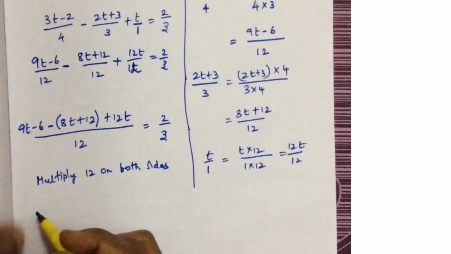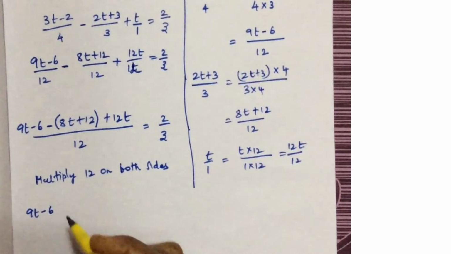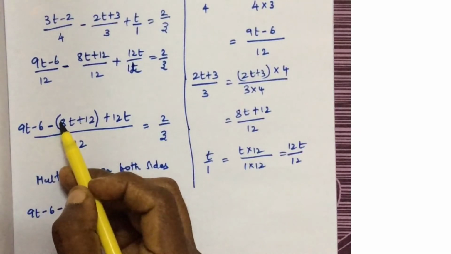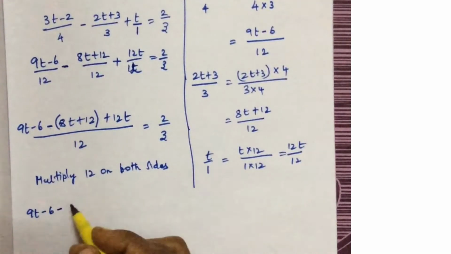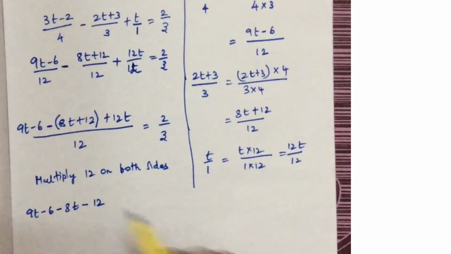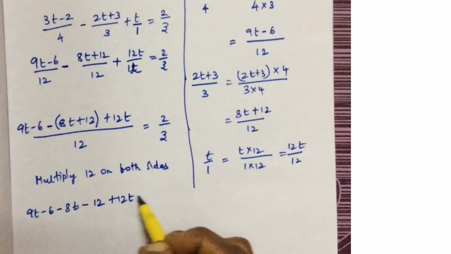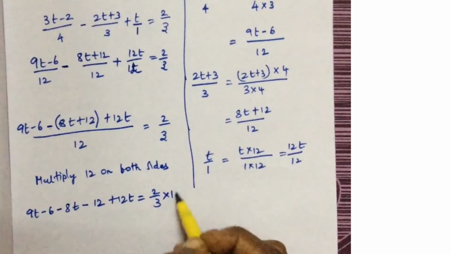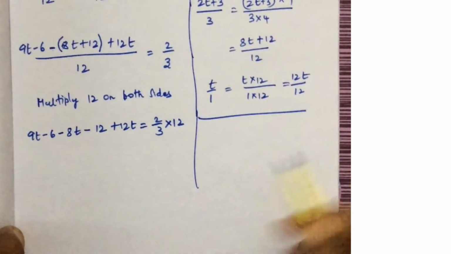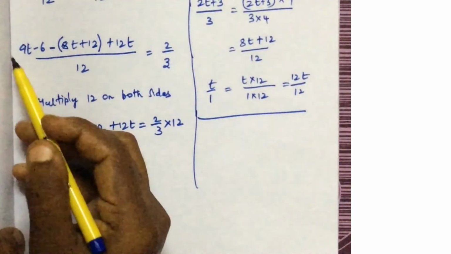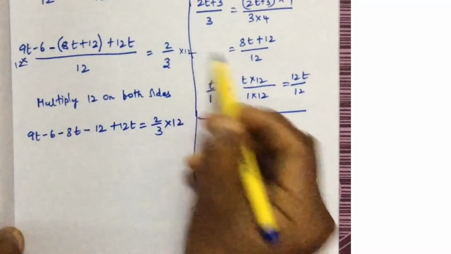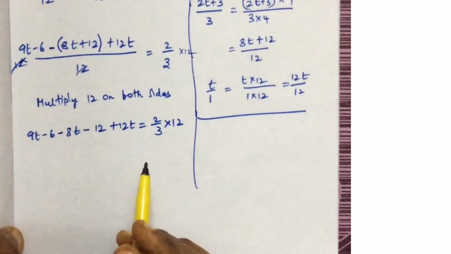So, what I will get, 9t minus 6 minus, so here it is a plus, okay, plus into minus, minus 8t, this plus into minus, minus 12 plus 12t, that is equal to 2/3 multiplied by 12. You can see here, suppose you multiply by 12 here and 12 here, okay, this 12 and this 12 will get cancelled.